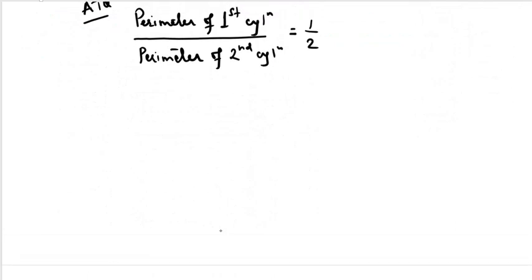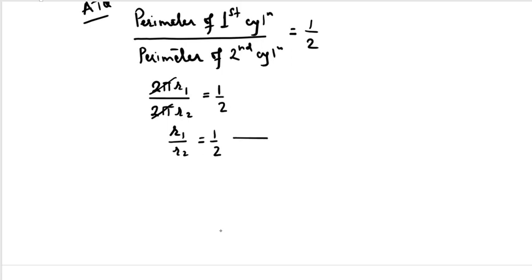So what is the perimeter formula of the first? 2 pi R1 divided by 2 pi R2. Okay, this is 1/2 given. So 2 pi will get cancelled. So R1 by R2 को value हामीसँग 1/2 छ. This I will take it as 2.